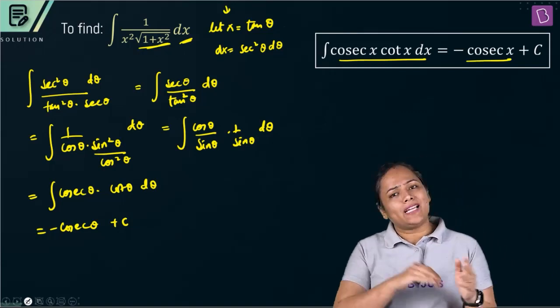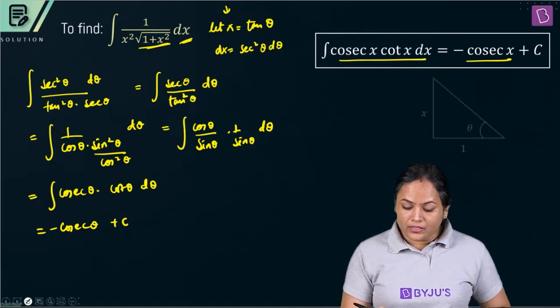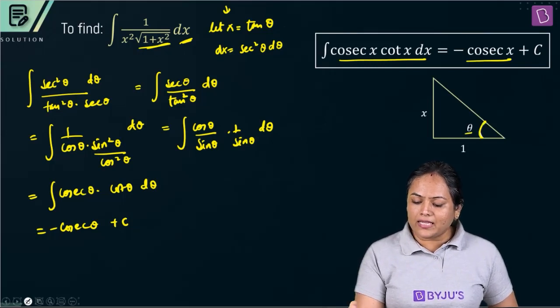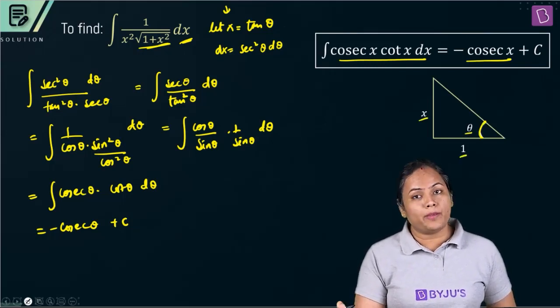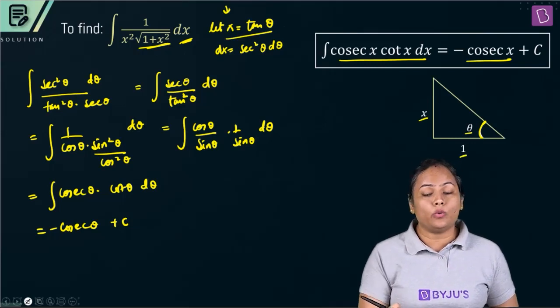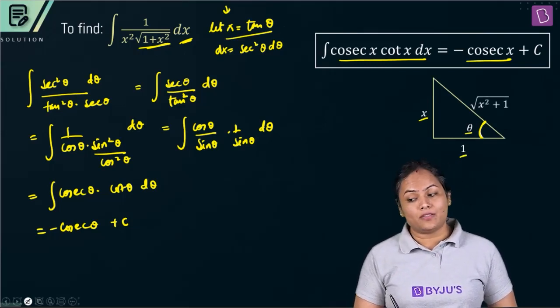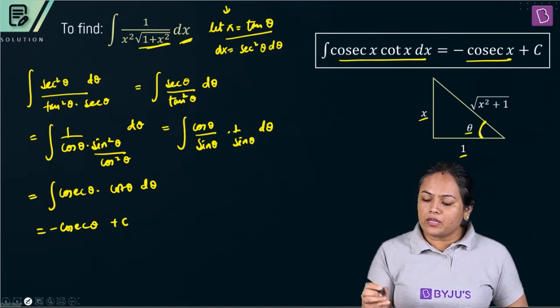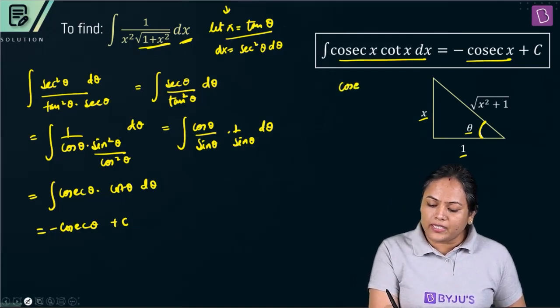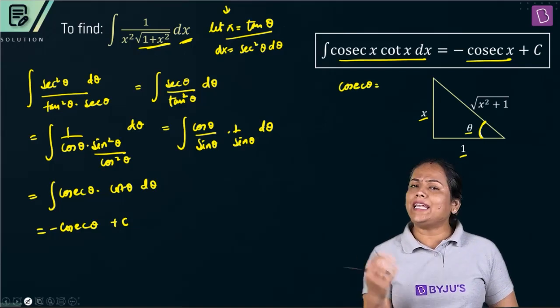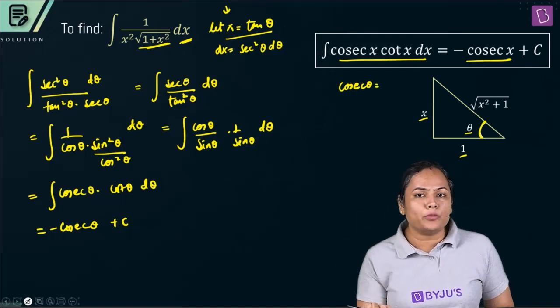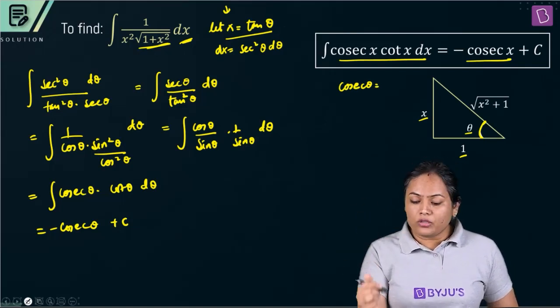So to convert that, let's consider the triangle. We have theta as the angle, we know the perpendicular, we know the base. Since tan theta is equal to x, we know the hypotenuse will be root over 1 plus x square. And from here, if I need to find cosec theta, you know the formula. Sin theta is perpendicular upon hypotenuse, so it is the reciprocal of that.